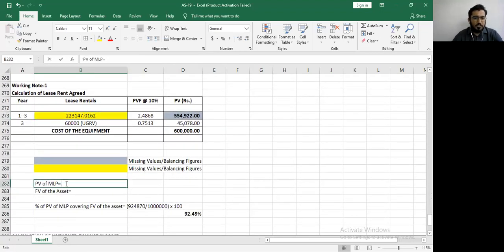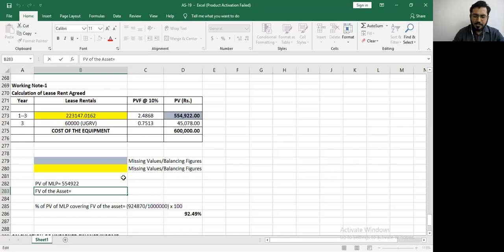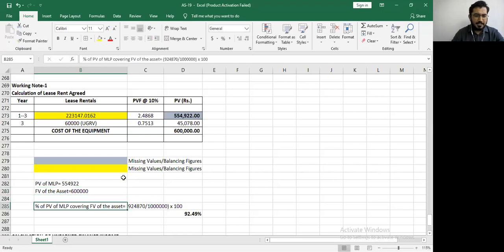Right. So what's your present value of MLP? This time do not take the unguaranteed residual value. You will get 5,54,922. Divide that by 6 lakhs. Your fair value of the asset is 6 lakhs. Let's calculate that. 5,54,922 divided by 6 lakhs.